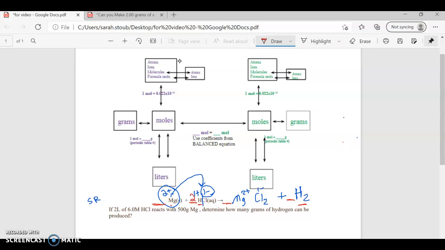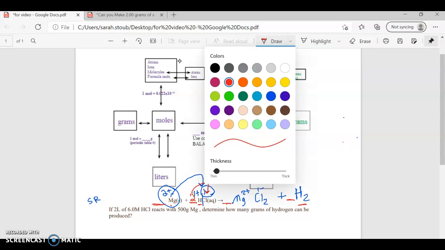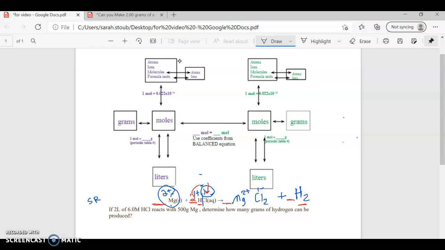That way I've got 2 hydrogens to balance out the 2 hydrogens on the right. Now if I check my chlorines, that 2 also applies to my chlorines. So I've got 2 chlorines on the left, 2 chlorines on the right. Everything is looking pretty good. That is step 1 for you. Now you're going to have to do that with a double replacement reaction. So I did a single, you've got the double. It's very similar though.